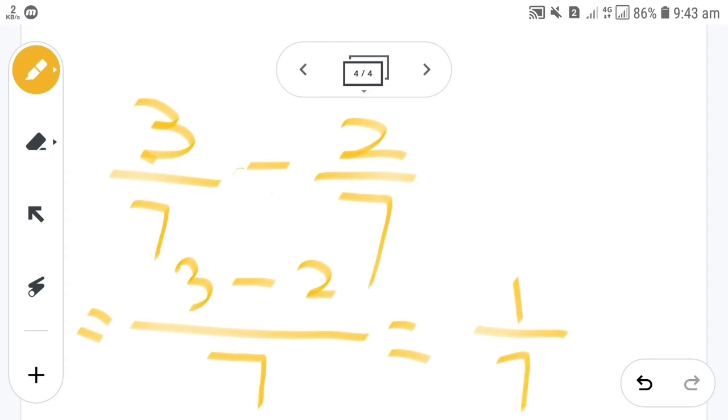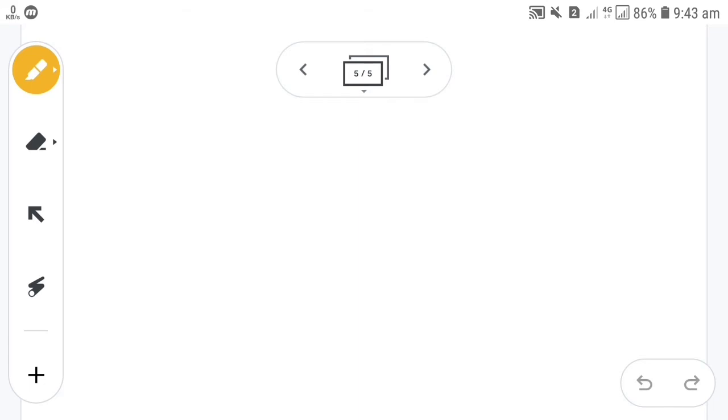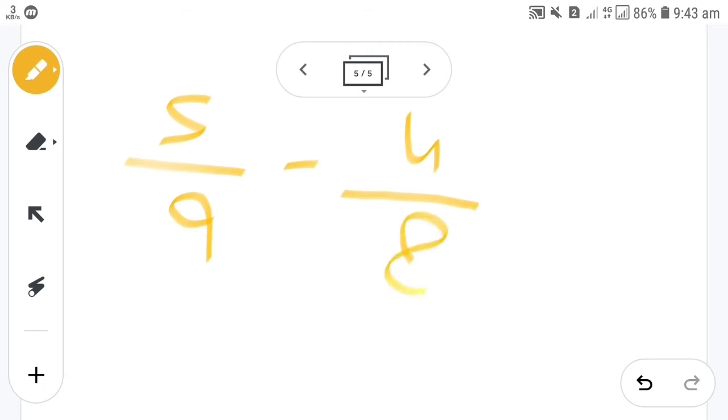And now we subtract unlike fractions. 5 by 9 and 4 by 8.